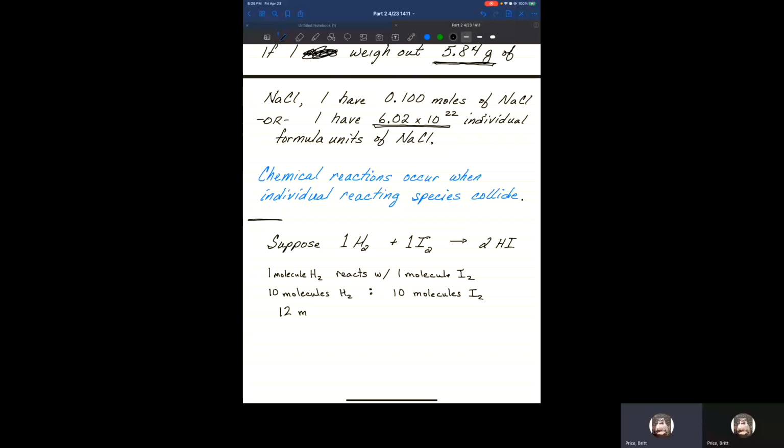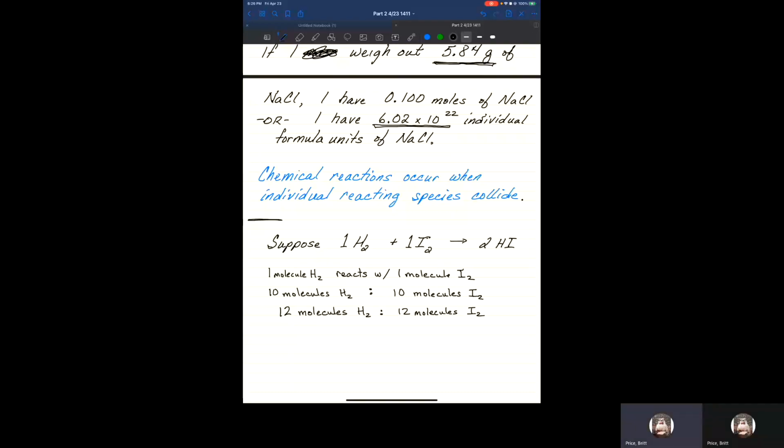Twelve molecules H2, right? Twelve molecules I2. What is the relationship on either side of the ratio symbol, the colon? They're the same. It's 1 to 1.